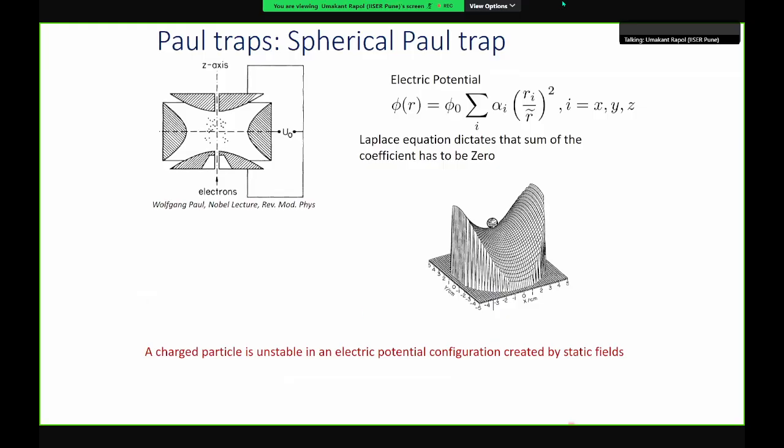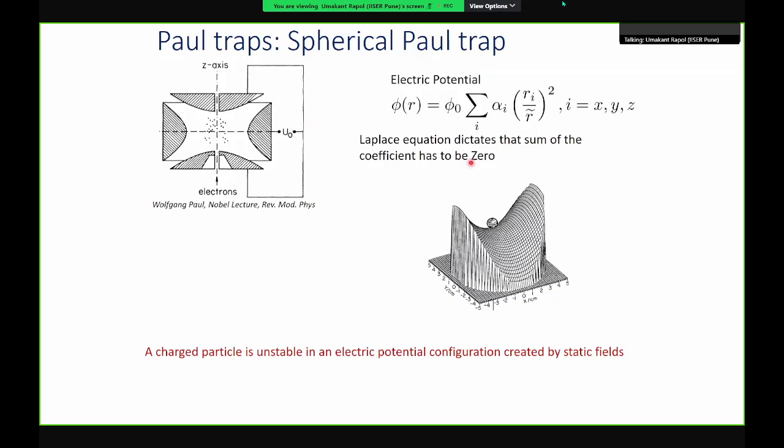Now, just quickly going through a little bit of math without a lot of details, just to give you a small flavor of what is happening. The electric potential, if you just apply a DC between the central electrode and these end caps, is given by this quadrupolar type of potential.